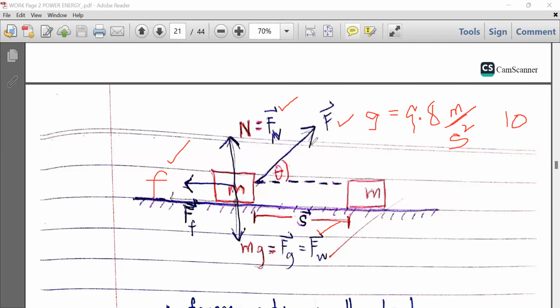So this one is actually case 4, right? N is perpendicular to the displacement, 90 degrees. So this is case 2, okay? How about the force of weight here? The weight of the object is also perpendicular to the displacement.